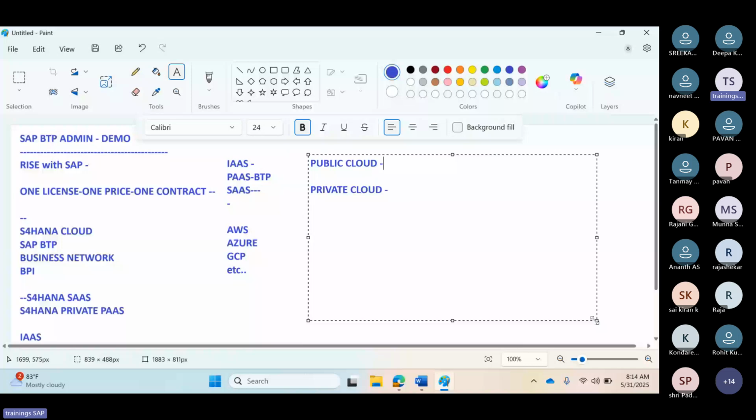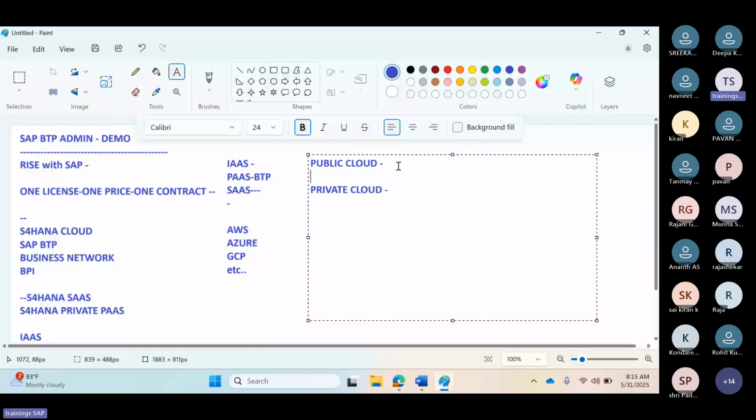Your computing resources like CPU, memory, hardware, and network are all shared, but the data is yours. That comes under the public cloud.